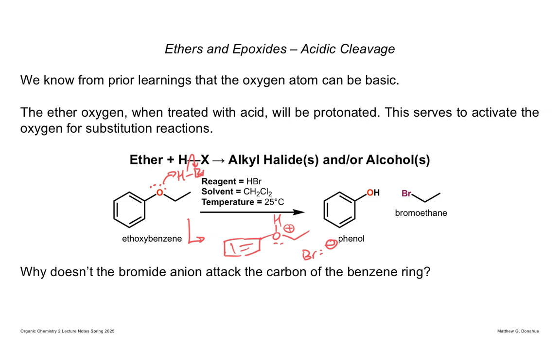I'll call that blue. Call this one green. The mechanism is going to proceed by SN2. So what's the difference between the blue and the green hybridizations?